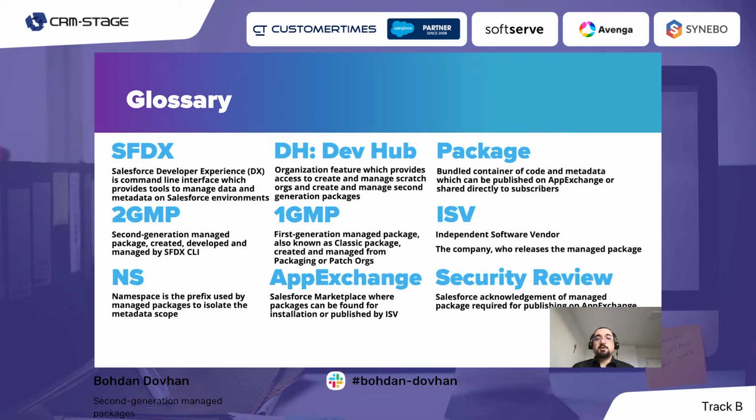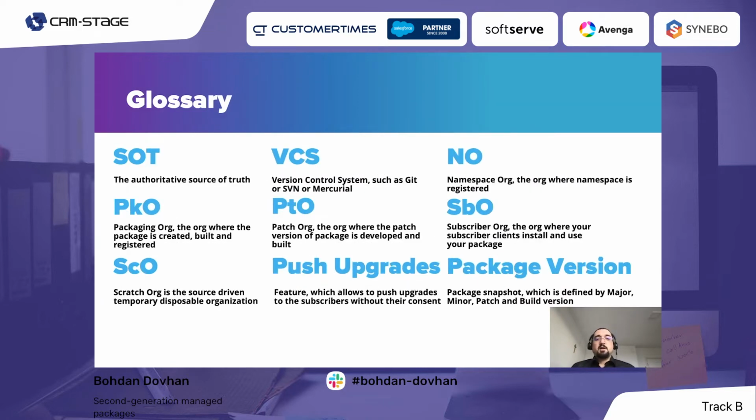What is security review? Security review is Salesforce acknowledgement of a managed package required for publishing to AppExchange. What is SOT? SOT is a shortcut for source of truth. This is the authoritative source of truth.